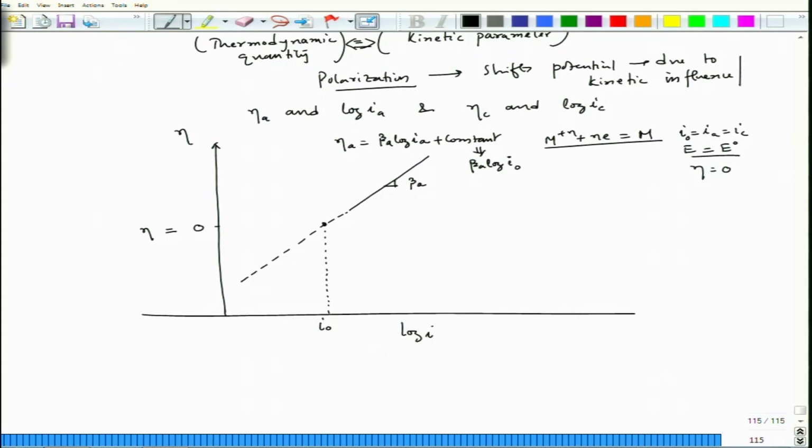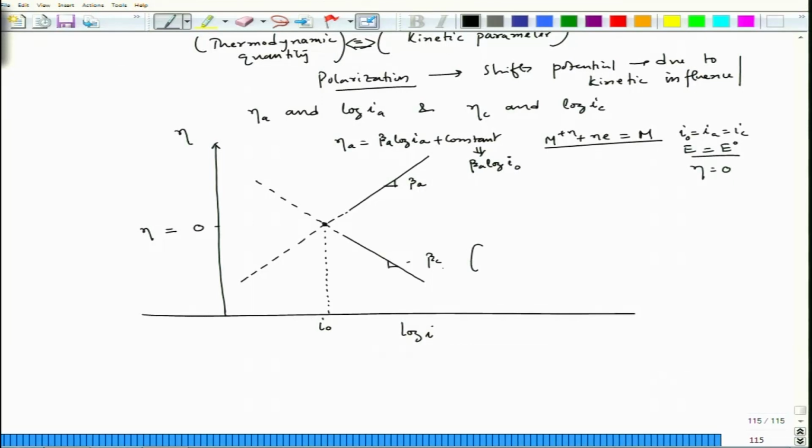I can also have a plot between eta C and beta log I C. So, that plot would be this one, and if we extend this, it would also pass through this particular I 0 point, and this slope is beta C, which is a negative slope.